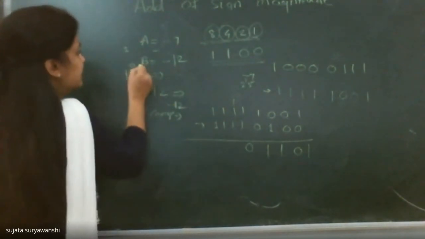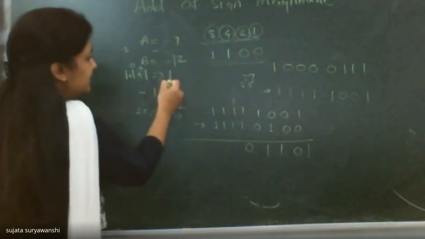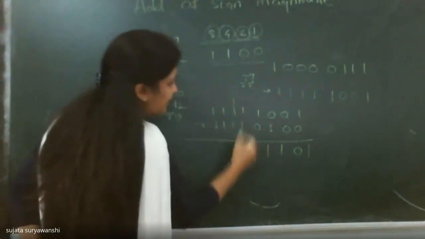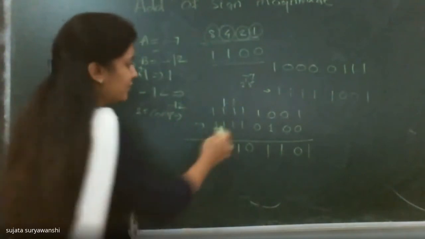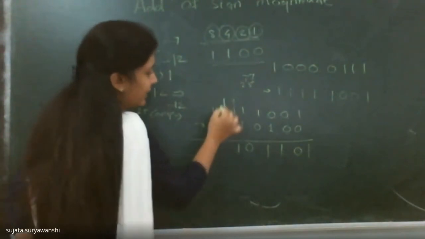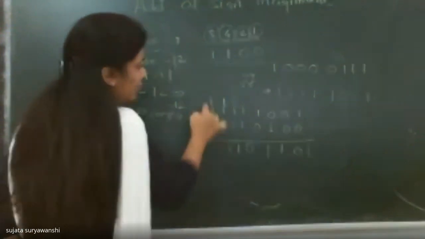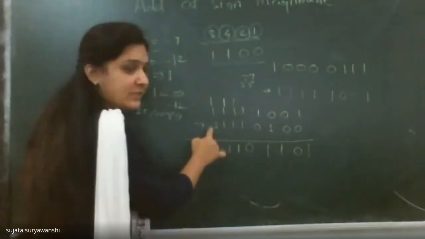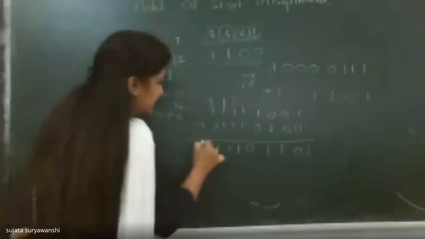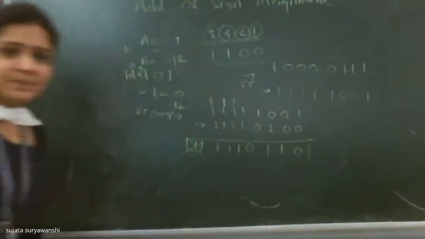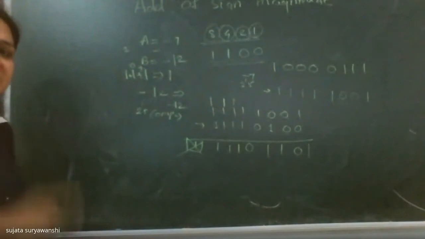Again 0 plus 1 is 1, so the sum is 1, carry is 0. Sorry, carry is also 1. Again 1 plus 1 is 0, 0 plus 1 is 1, carry is 1. 1 plus 1 is 0, 0 plus 1 is 1, and here a carry is generated. So discard that carry. If a carry is generated, then discard that carry.